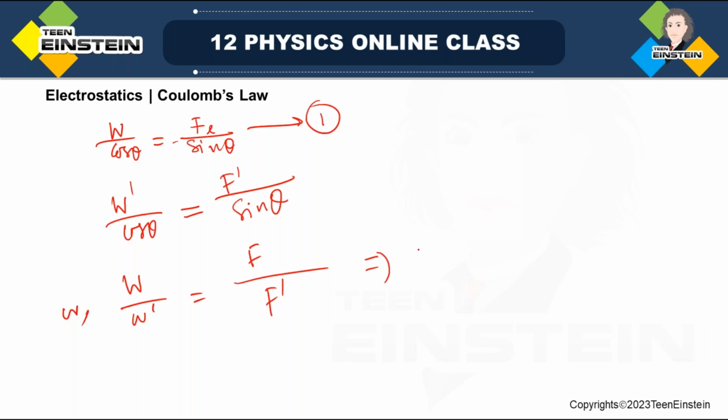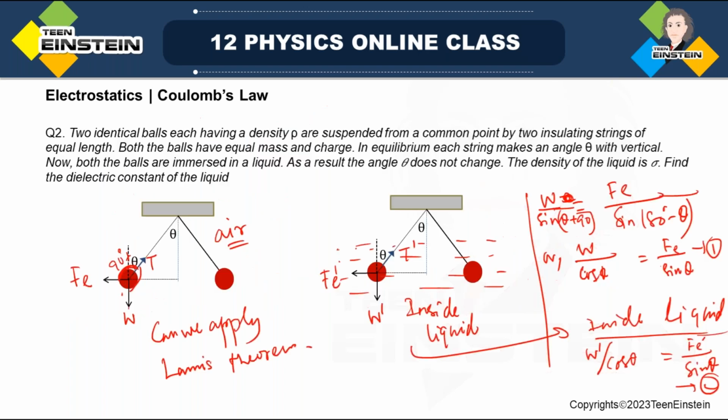So W prime we have to find out. W prime is equal to W into F prime by F. So this F prime by F. Look here, what we have done.